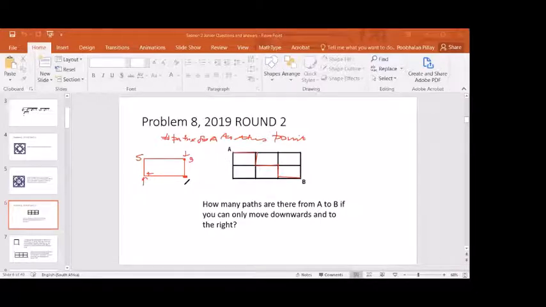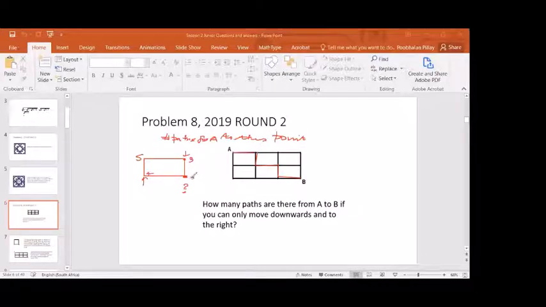Now the question is, how many ways can you reach this point here? You will agree that the only way you can reach this point is either from there or from there. There are no other ways. If there are 3 ways in which you can reach this point, and 4 ways in which you can reach this point, then you've got 3 paths here and another 4 paths here.